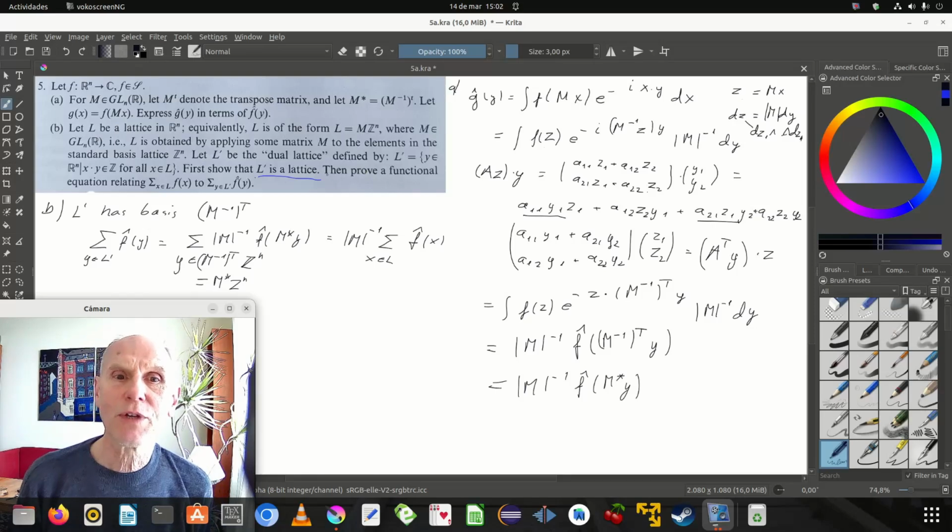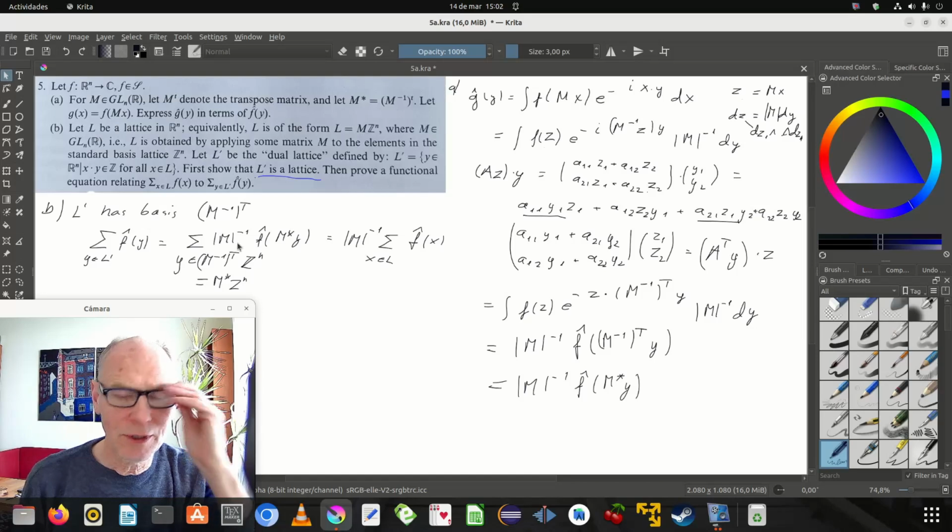Having finished my coffee, I suddenly realized that it's the Fourier transform of f in both formulas. So this is all wrong.